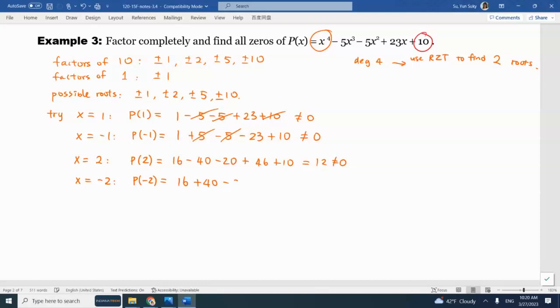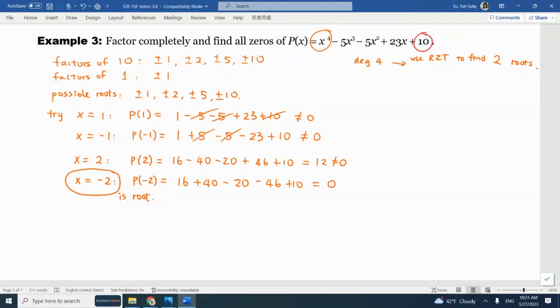Yes, negative 20. And negative 2 times 23? Yes, plus 10. Oh, let's see what happened. So we get negative 66, and we also get positive 66, right? Good. We get 0. So x equals negative 2 is a root. Right, everybody?